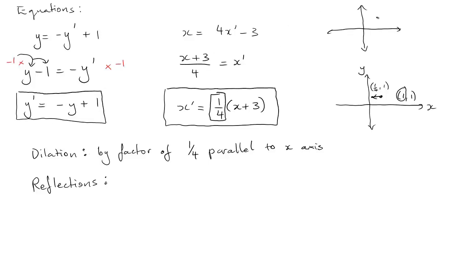If you imagine you had the point 1 and 1 here, and you put a negative in front of that y value, it's now down here. This is a reflection around the x-axis. Here is our x-axis, so it's a reflection about the x-axis.